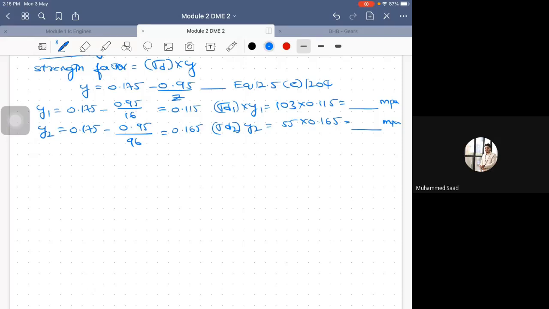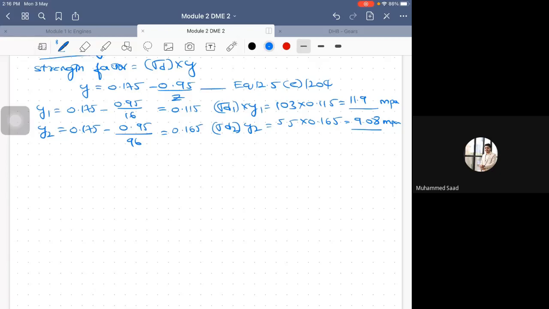Yes, give me the values fast. Maruf. Muhammad Maharoof. Okay, 11.9 and 9.08. 11.9 and 9.08, so the gear is weaker.